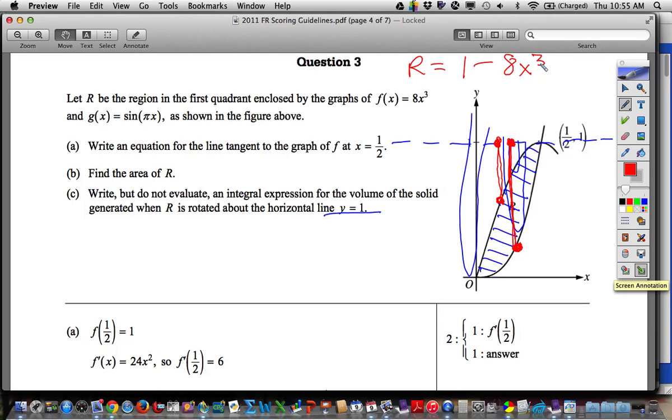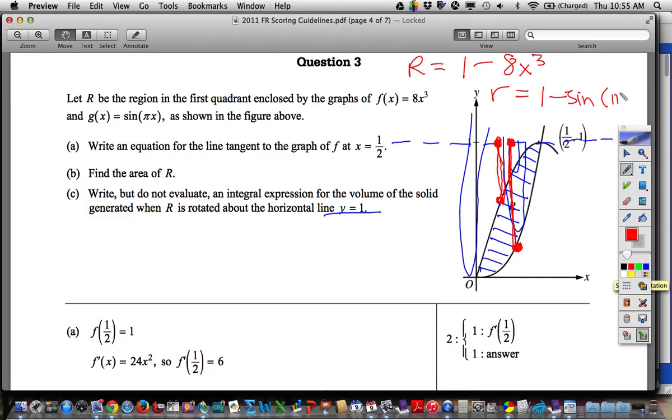1 minus 8x cubed. The inner radius is 1 minus sine of pi x. So my integral will be, remember, our area for a ring is pi times big R squared minus little r squared.